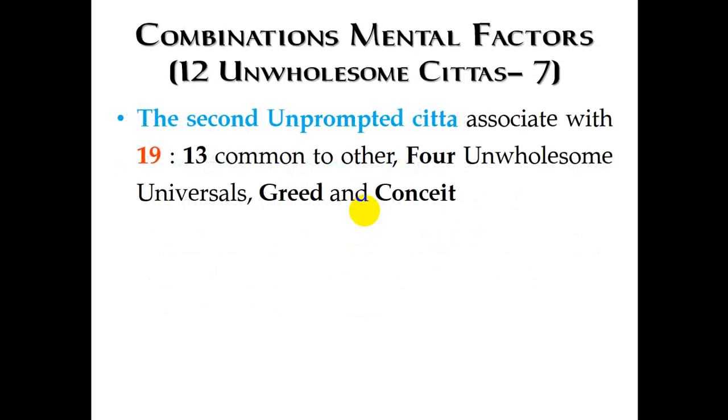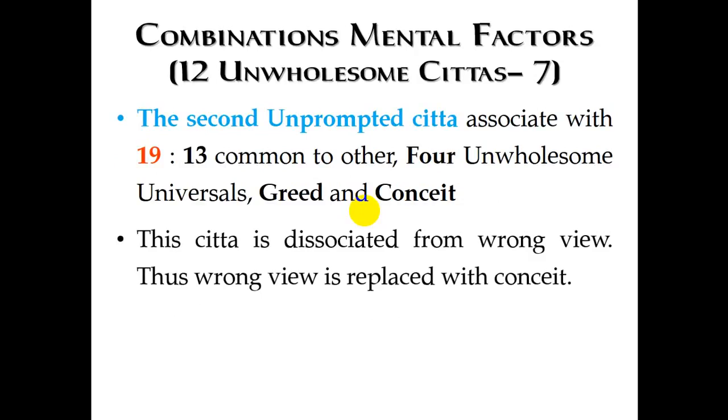The second one is also 90, but the difference is that it is not together with wrong view, but conceit will be there. This second one is dissociated from wrong view, so wrong view is replaced with conceit.